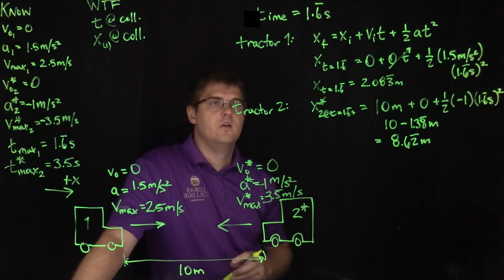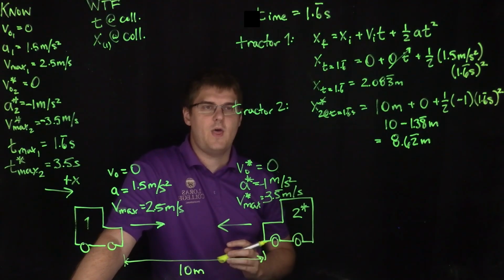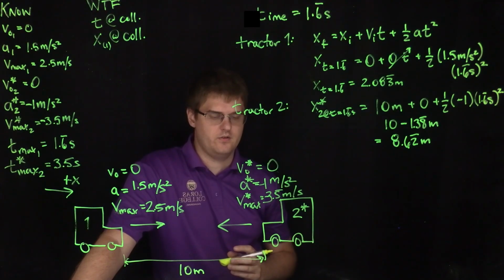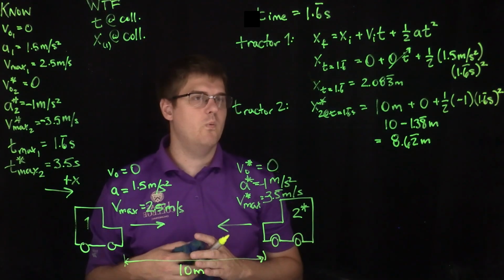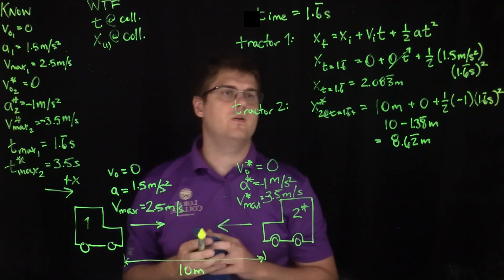This has not reached tractor 1, so that means that we have not run into each other yet. So we are set. It is no collision at 1.6.